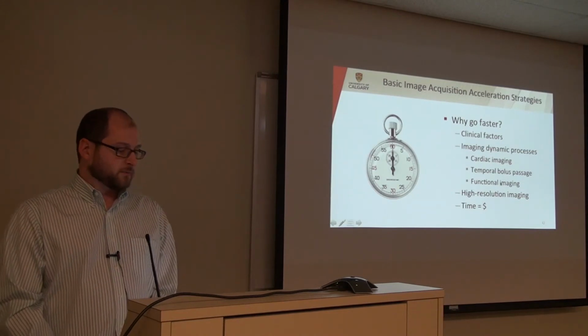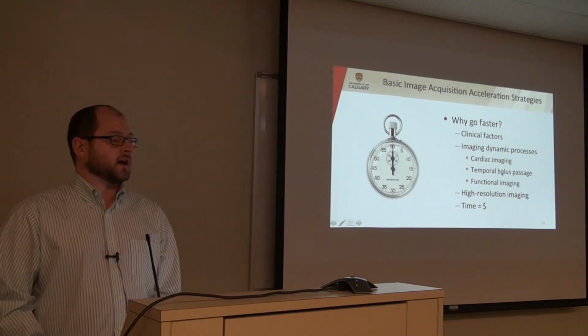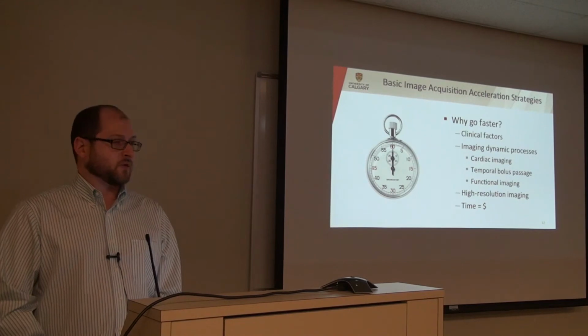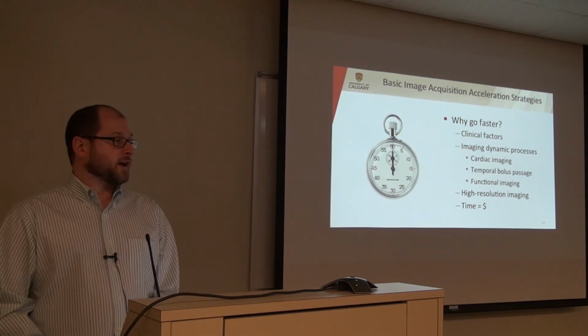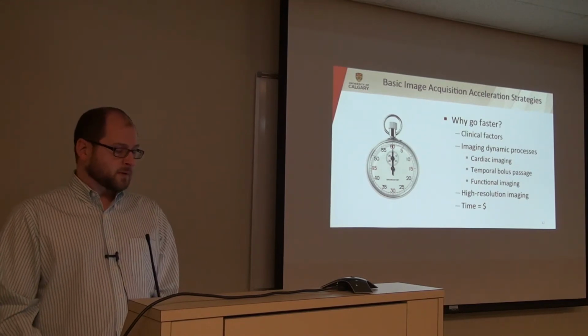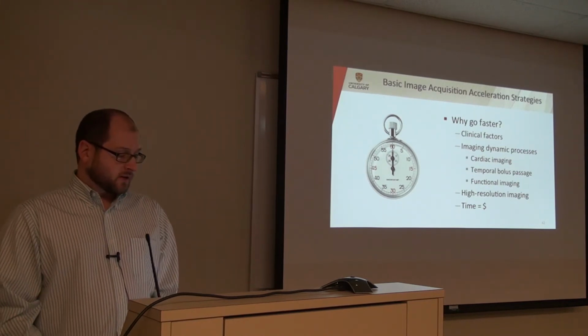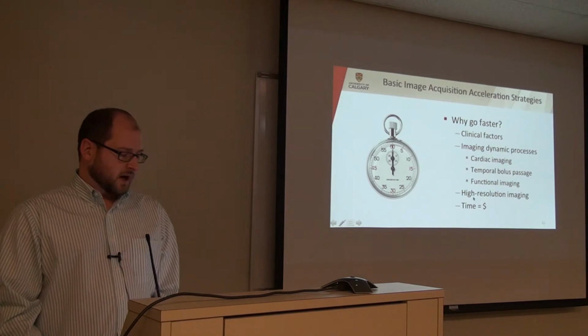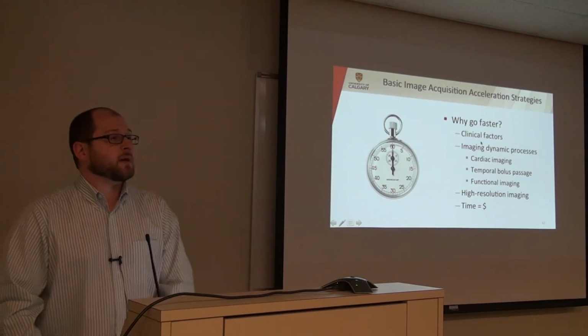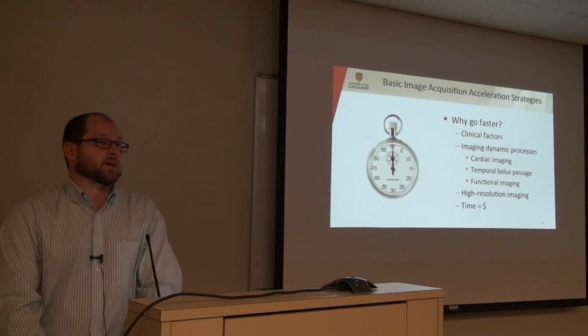If you want to do any type of functional imaging where you're looking at neuronal activity, which is on the order of, let's say, 2 to 5 seconds, then you need to be able to acquire your image fast enough. Another thing that you may want to do is, instead of just trying to image some of these dynamic factors, you may want to image something at high resolution.